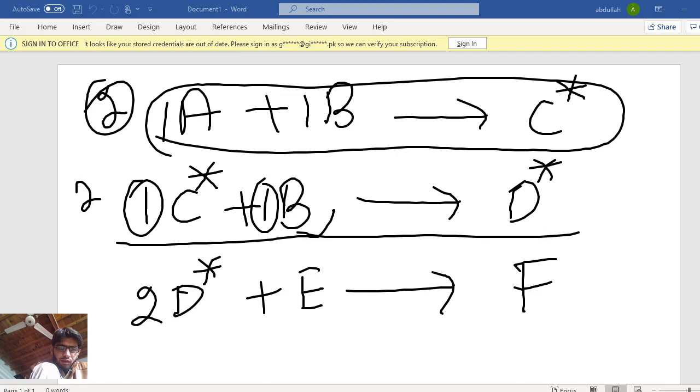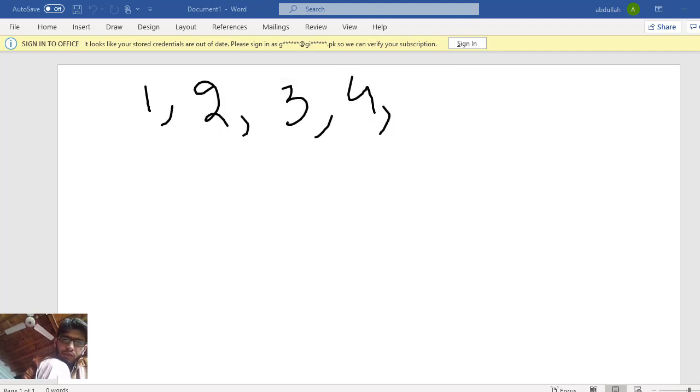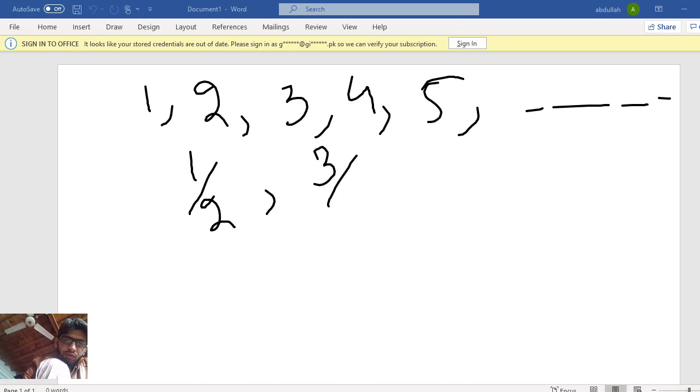Now the molecularity of a reaction can be 1, it can be 2, it can be 3, it can be 4, it can be 5. It can be any integer like 1, 2, 3. It cannot be in fraction form, like 1 over 2 or 3 over 4.